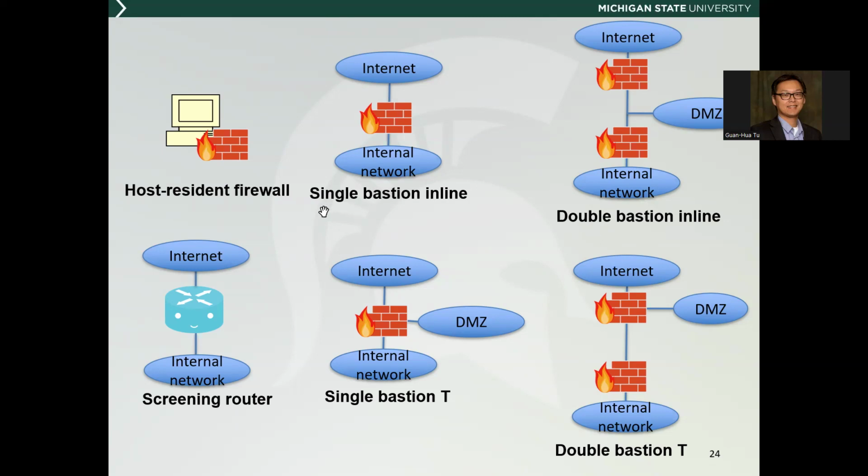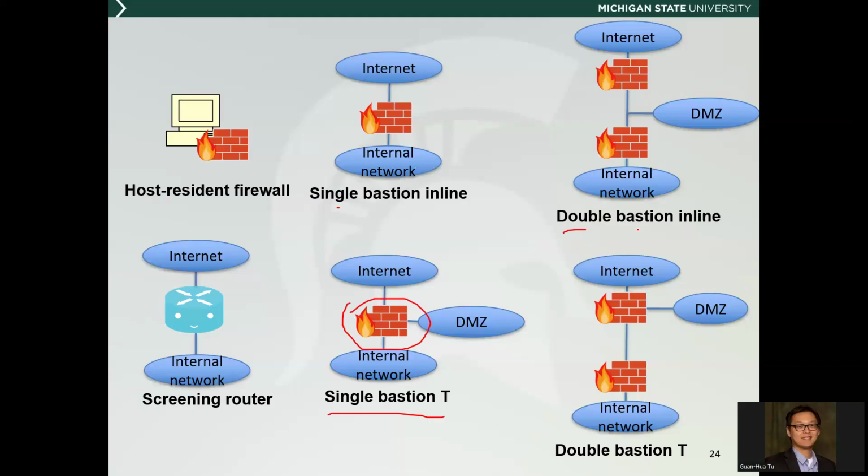Then we can have a single bastion inline. Single bastion inline means we purchase the bastion firewall, which you can consider a powerful machine, deploy the firewall functionality, and install a secure operating system. Then we have a single bastion T, which means we added a DMZ attached to the bastion firewall.